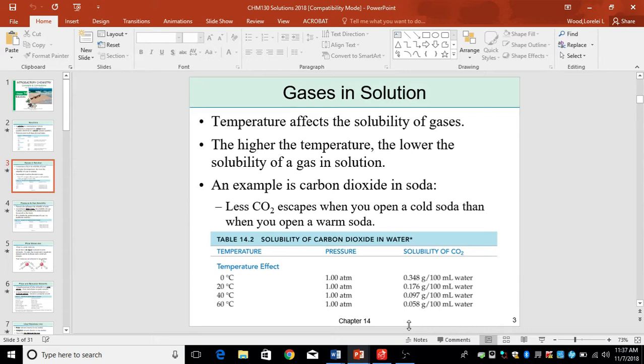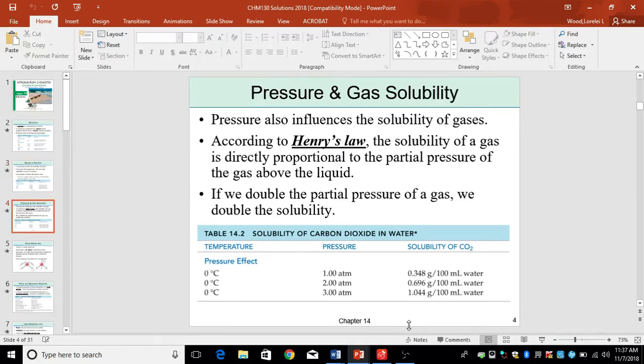If you leave a soda pop out and it goes from cold to warm, it gets what we call flat. When it's flat, all the bubbles have come out of it. The amount of gas that is soluble in a soda decreases as the temperature increases. So with solid-liquid solutions, you can increase the amount of solute you put in when you increase the temperature. With gas-liquid solutions, you decrease the amount of gas you can dissolve in a solution.